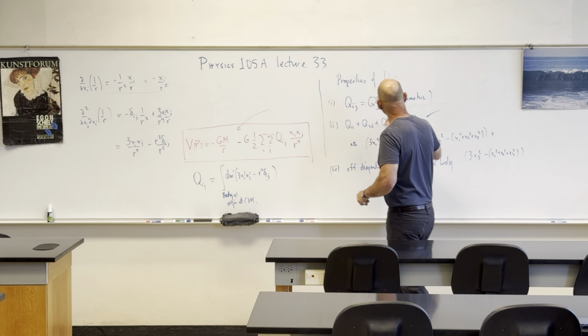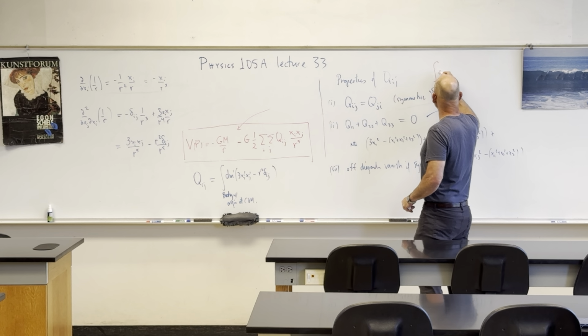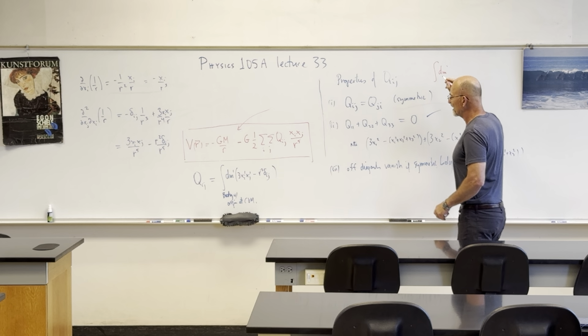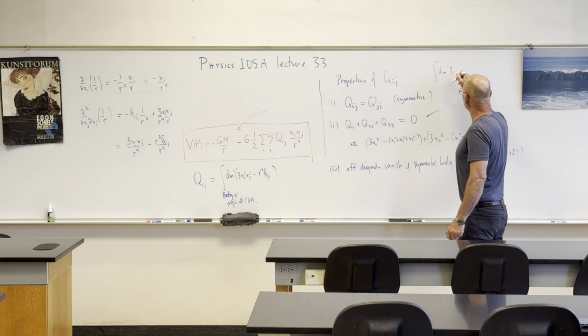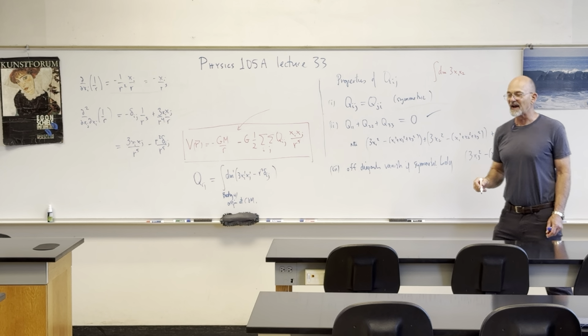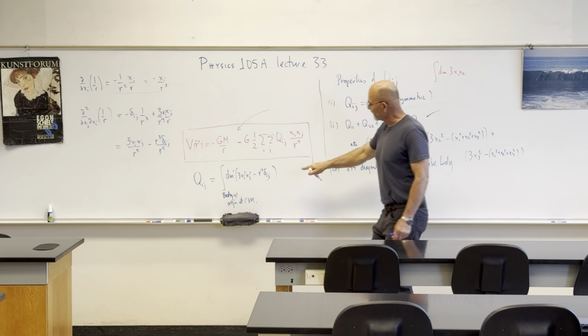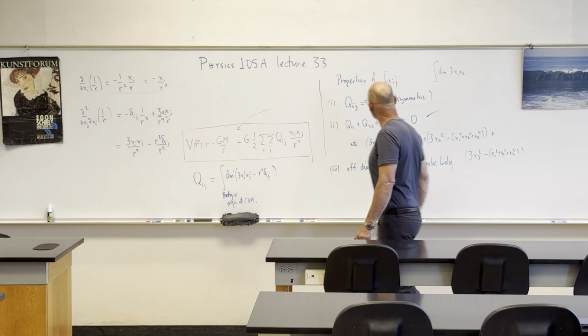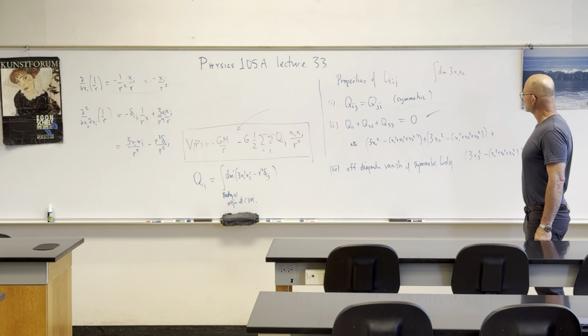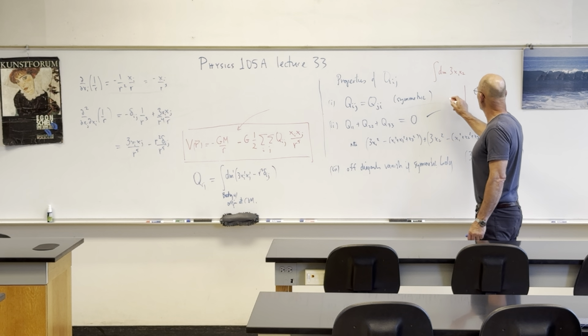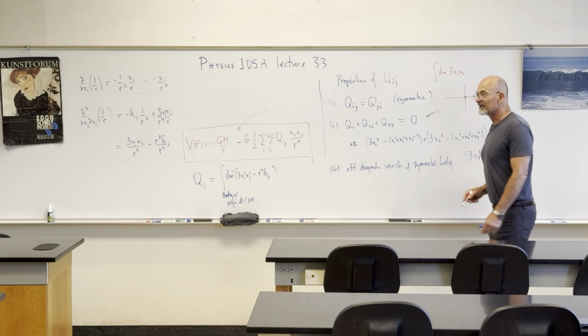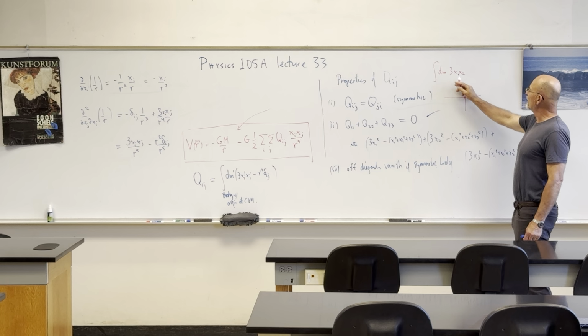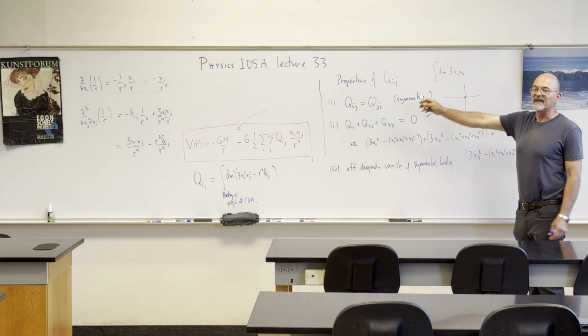So I'll just give an example. Suppose you had integral dm prime 3, forget the primes, okay, 3x1, x2. That's an example of an off diagonal of this thing where the delta ij is equal to 0. Well, if it's a symmetric body, your origin is at the center of mass, then you've got just as much x1 on one side as on the other.